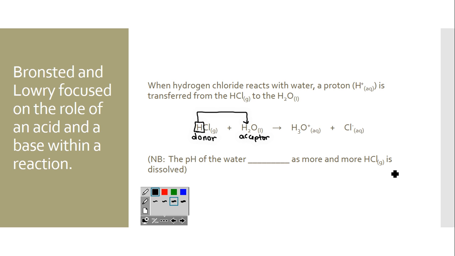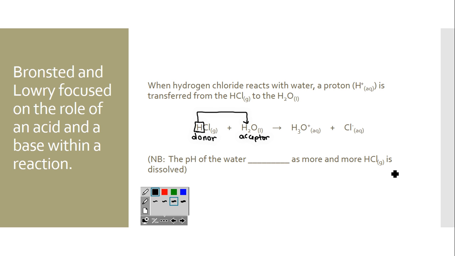Now, I would always talk about my reactants as one set of substances. Generally, I only have reactants at the beginning of a reaction, and I don't have products until the reaction starts happening. So I wouldn't say that HCl donates a proton to something that's on the right, because that's not what it's reacting with. It's reacting with water.